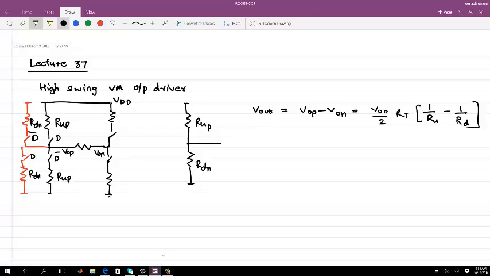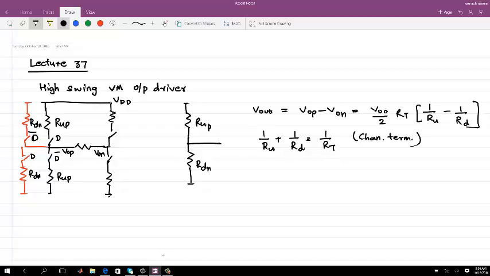So this was the output swing, and at the same time we ensured that 1 by RU plus 1 by RD is equal to 1 by RT. This is from a channel termination requirement.